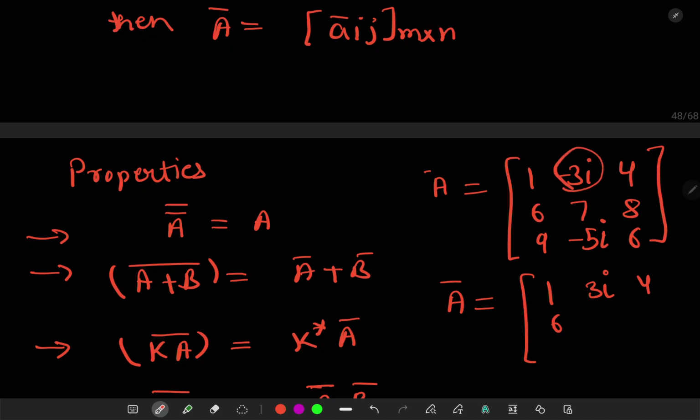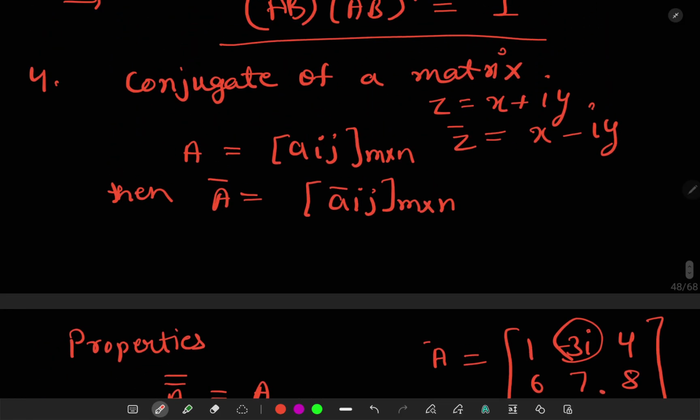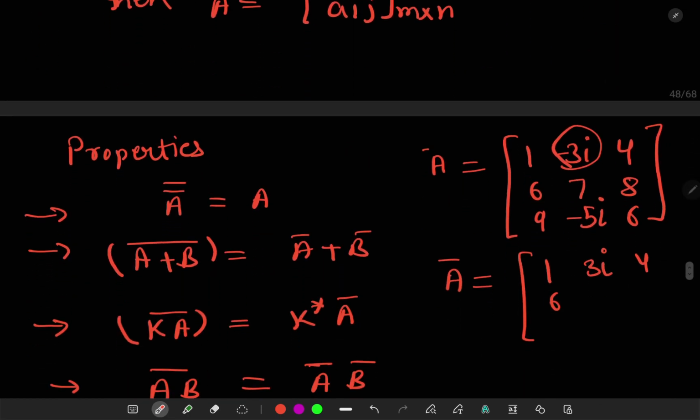Here you can see there is an iota term present. Similarly to what we do in a complex number, only the sign where the iota is present is changed. Similarly for the matrix also, so we can write it like that.